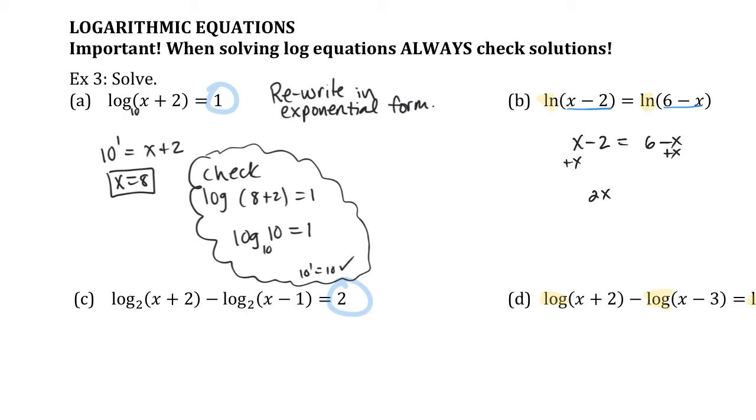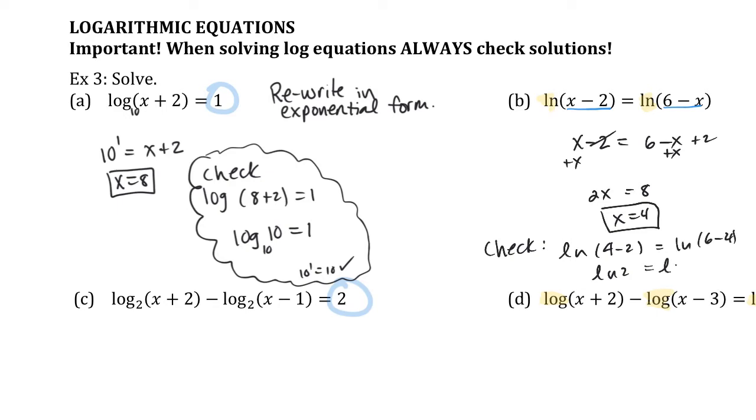We'll get 2x, and we'll add 2 to both sides as well, is equal to 8, so x equals 4. And we just want to double check: ln of 4 minus 2, ln of 2, does that equal ln of 6 minus 4? Yes. Okay, so that one works.